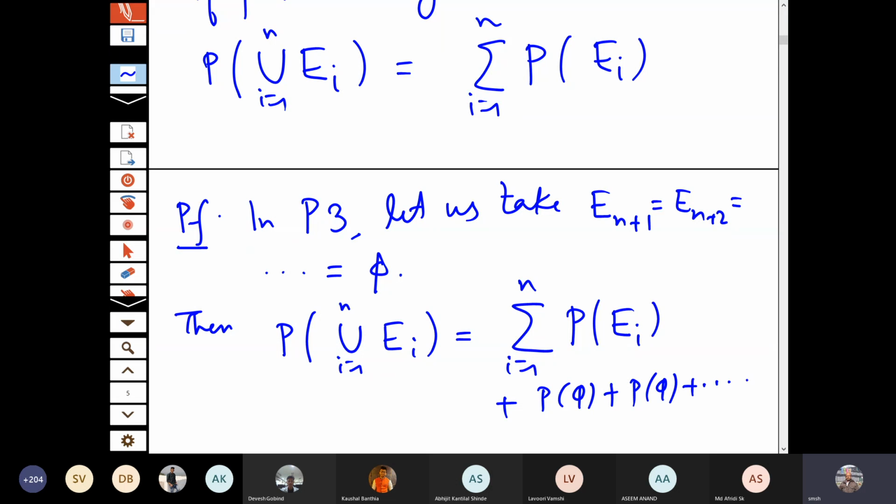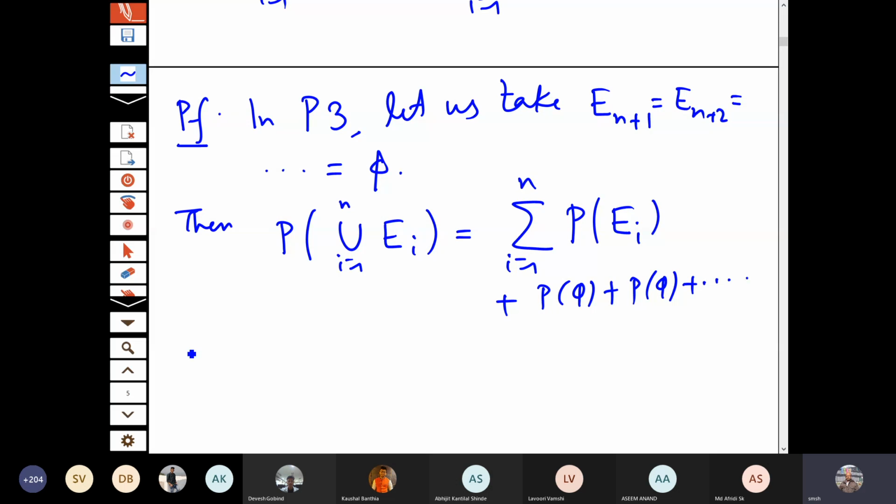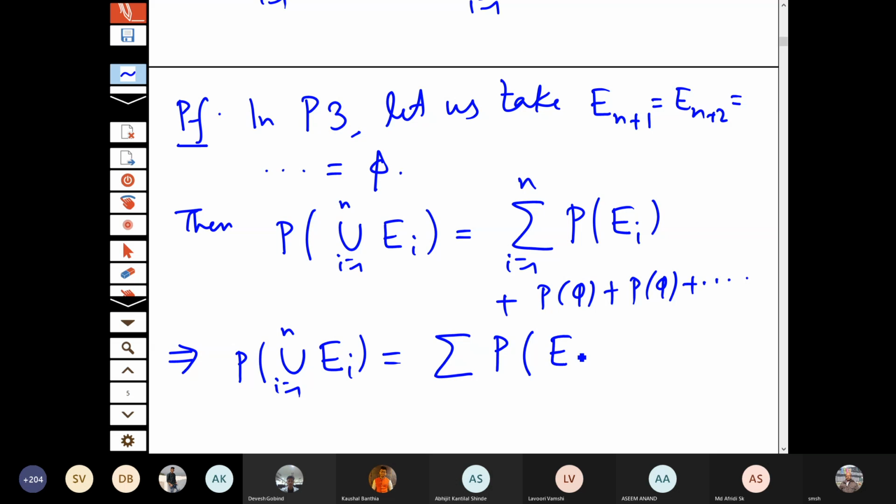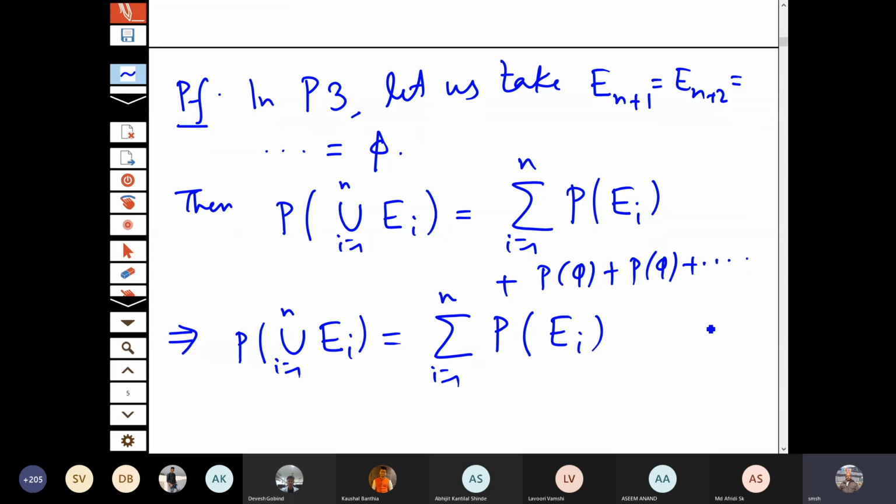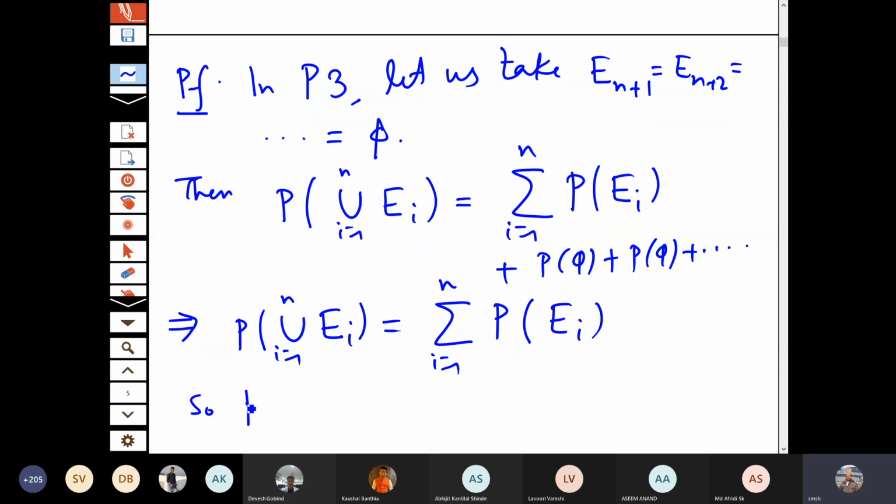However, probability of phi is already shown to be 0. So this means that probability of union EI is the sum of the probabilities. So this is finite additivity. So probability function is finitely additive. So it is countably additive as well as finitely additive.